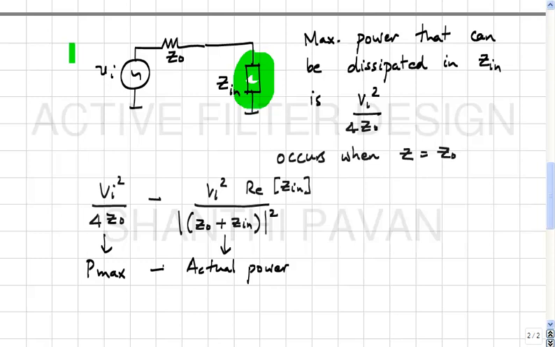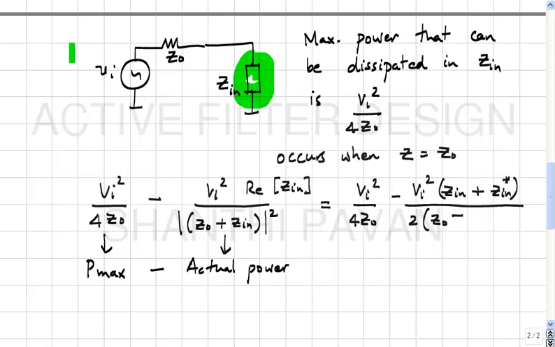Okay, so let's simplify this. It is Vi square by 4Z0 minus Vi square times real part of Zin, which is Zin plus Zin star by 2 times the squared magnitude of Z0 plus Zin. You can write that as Z0 plus Zin times its conjugate, Z0 plus Zin star.